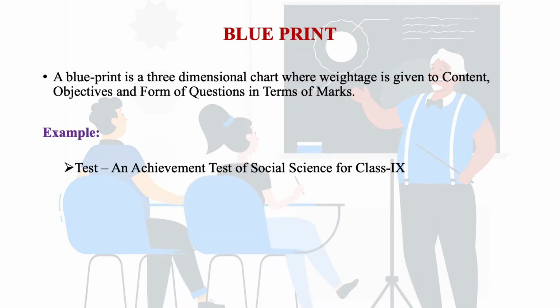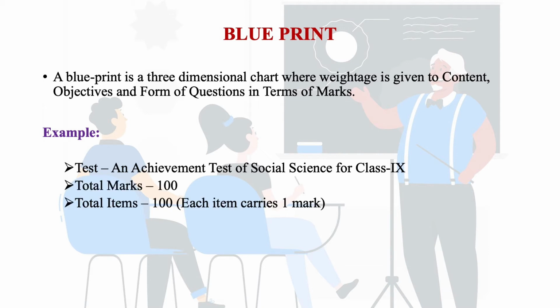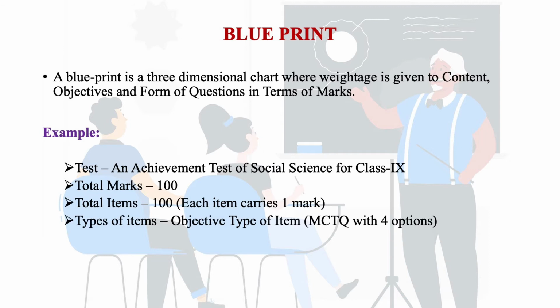Okay, as an example, take an achievement test of social science for class 9th students. The total mark of the test is 100, and the total number of items, that means the number of questions, will also be 100, and each item carries 1 mark. The types of items are objective type items, that is multiple choice questions with 4 options.